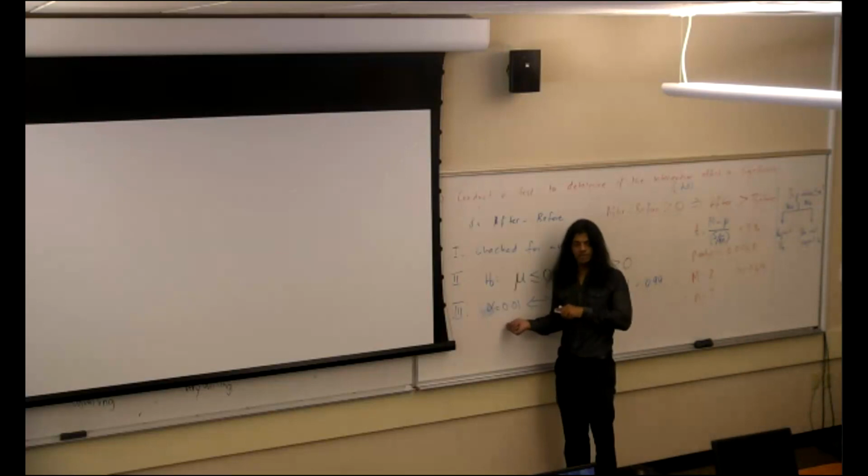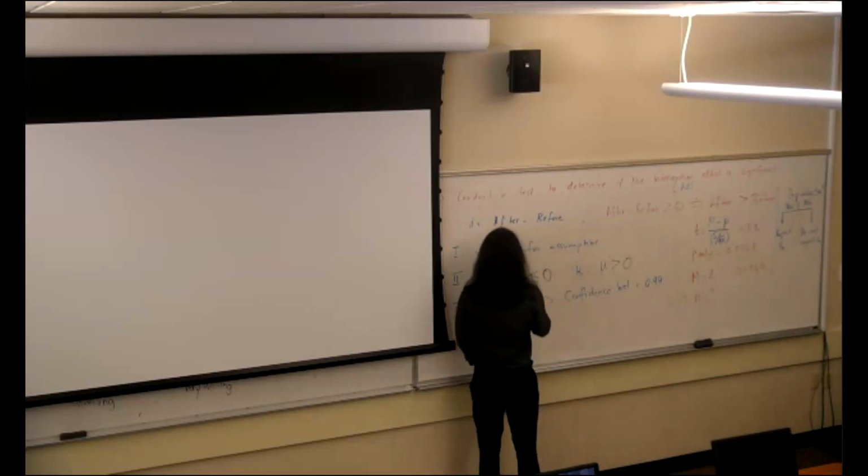In this case, the p-value is 0.0048. If decimals are confusing, convert it to a percentage. This is 0.48%. Alpha, 0.01, that's 1%.